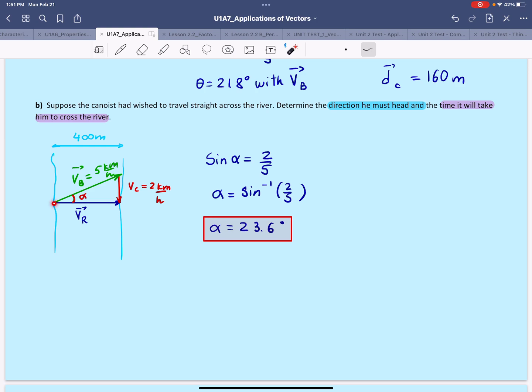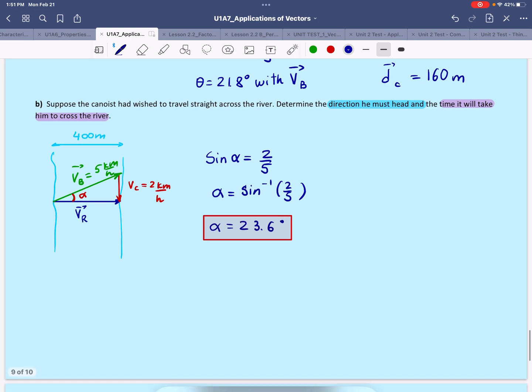Now remember that he's crossing the river along this vector, so we have to draw the displacement vectors. Remember, displacement vectors and velocity vectors follow the same direction, right? And then we have here the velocity vector, which in this case will be representing the resultant displacement.